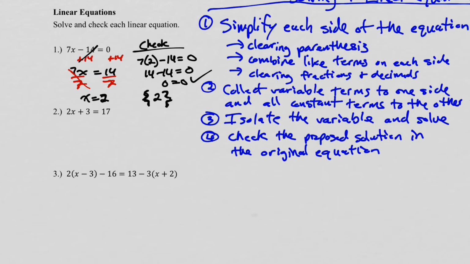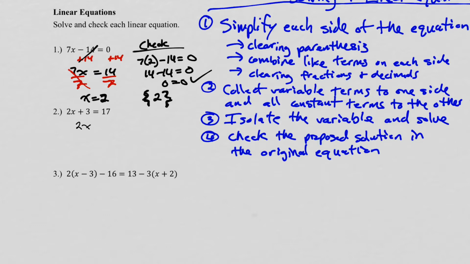Let's go to the next one. Pretty sure you can handle that one on your own. So go ahead and pause the video and do number 2. Okay, so for this one, I'm just going to skip the algebraic steps and just say them. So we're going to subtract 3 from both sides.